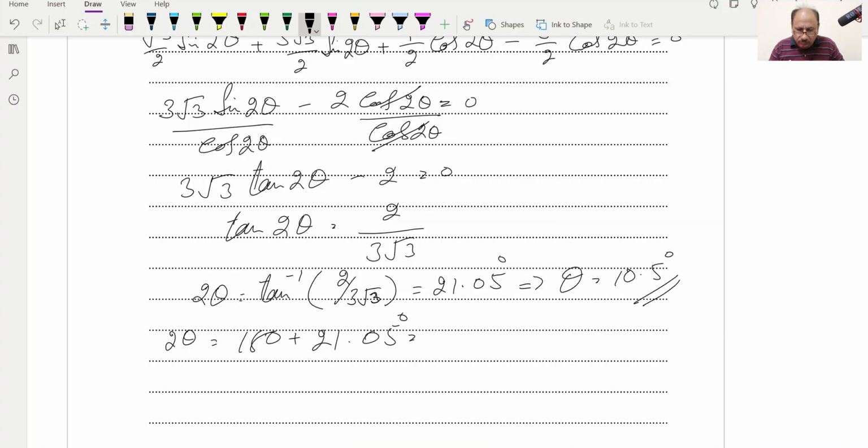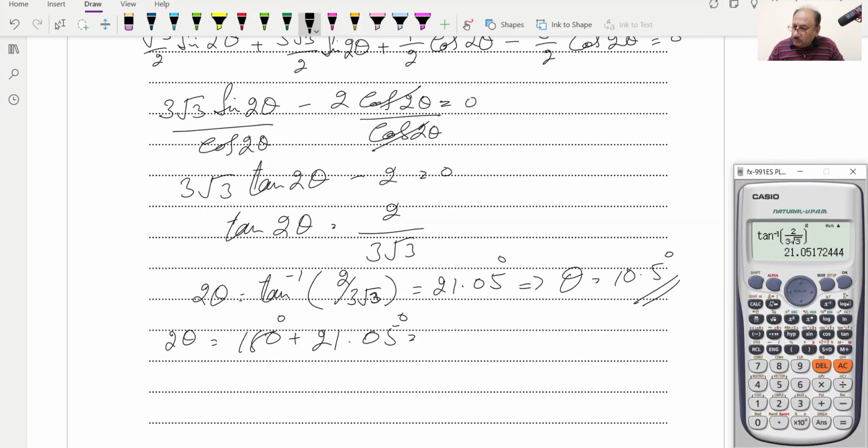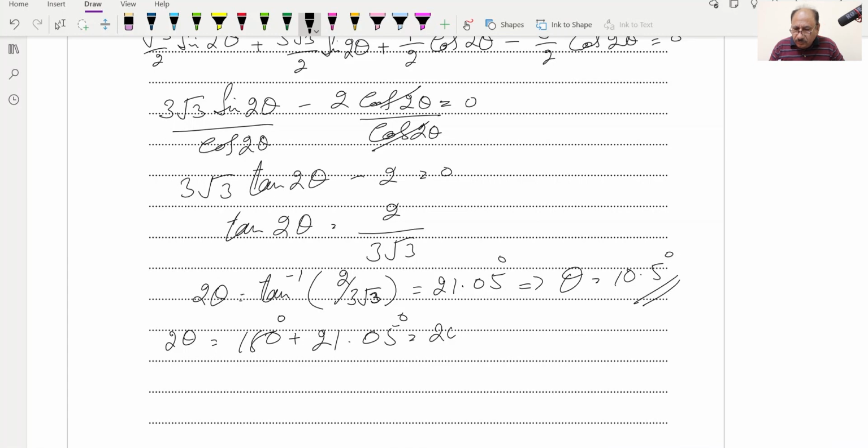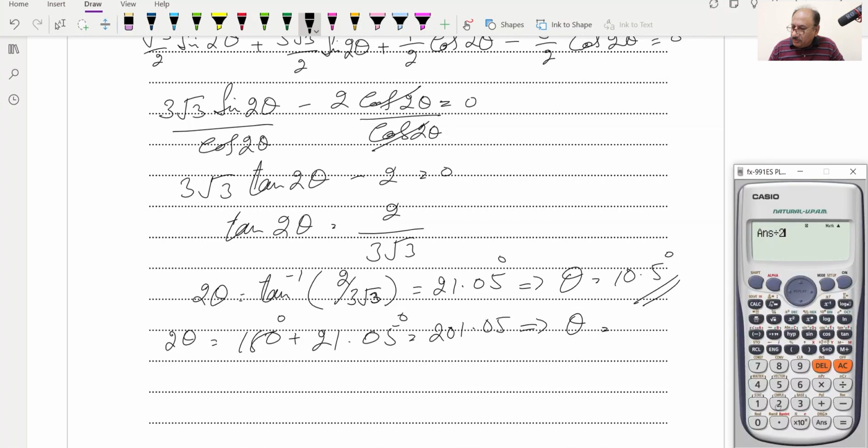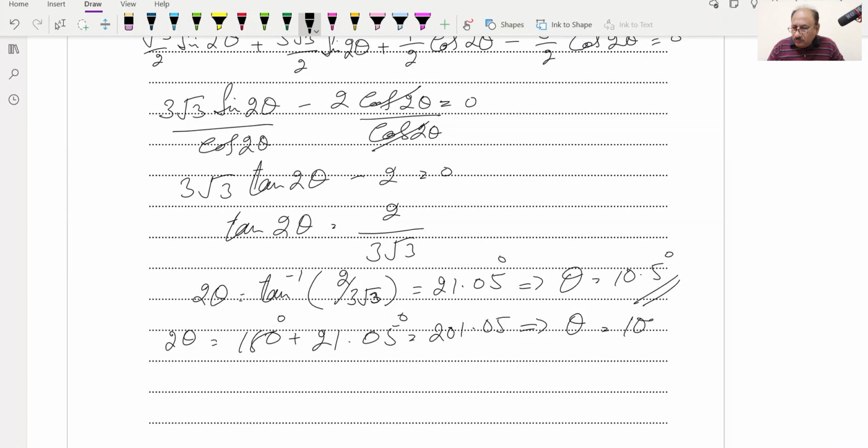So 21 plus 180 is equal to 201.05, and this implies theta, divided by 2, will be equal to 100.5. So we can provide the answer 100.5 degrees. These would be the two answers to this question.